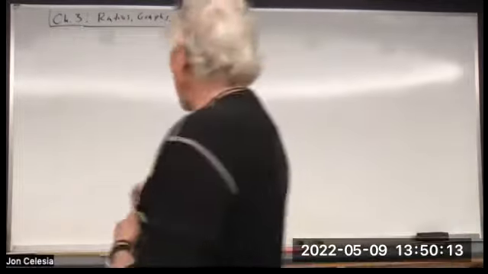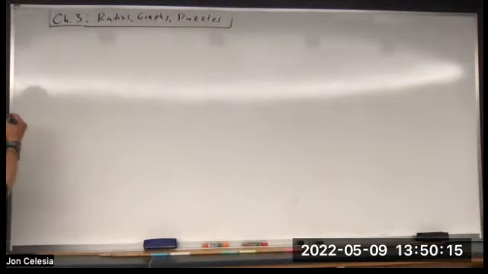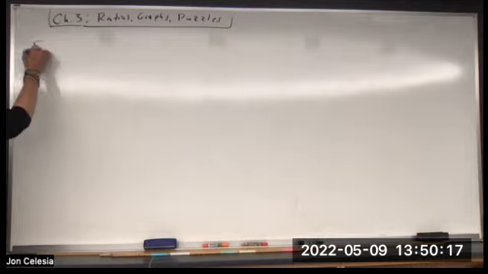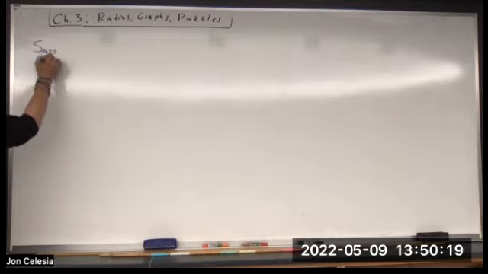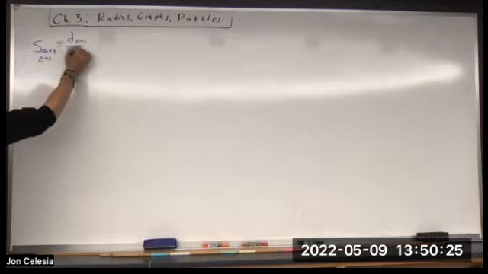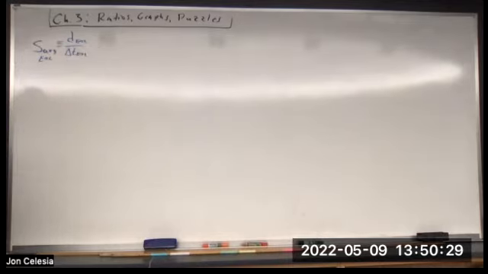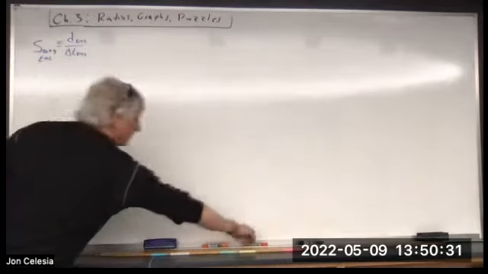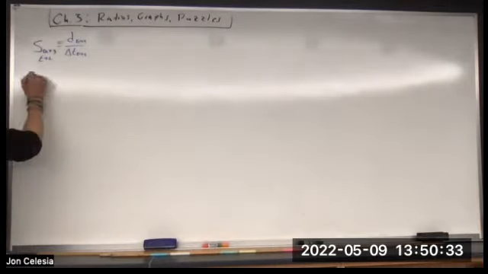In the first part of chapter 3, we talked about some definitions. Average speed from any earlier to later is defined as the distance traveled over the time it took between those two moments. Average velocity is different.